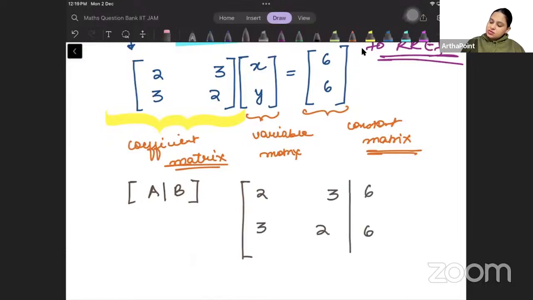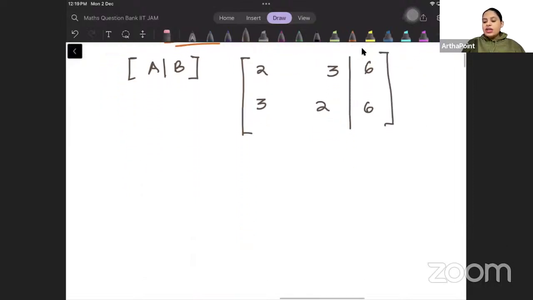6, 6. Right? Now I need to convert this into the row echelon form. So I need 1 here, I need everything below this to be 0, and the entry to the right should be 1. This is how we convert.